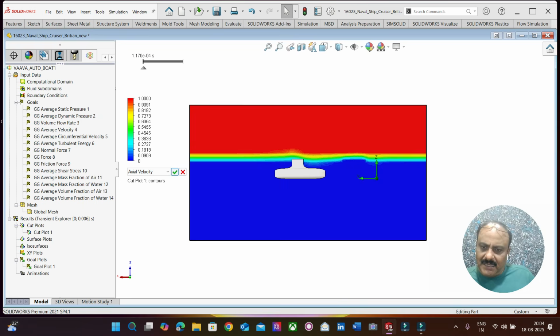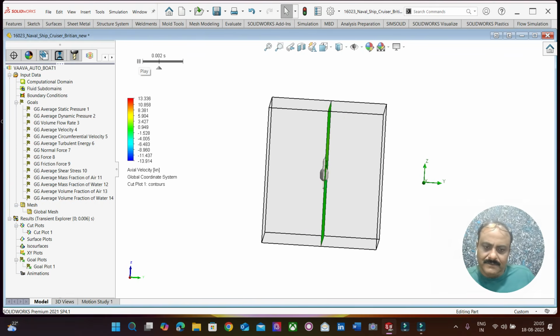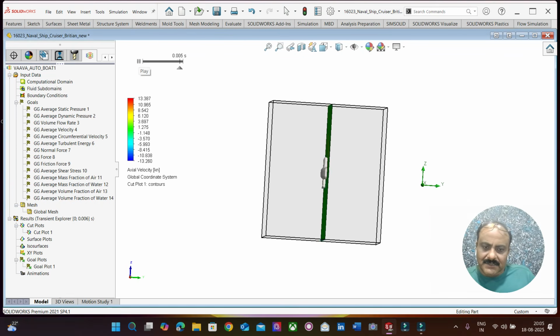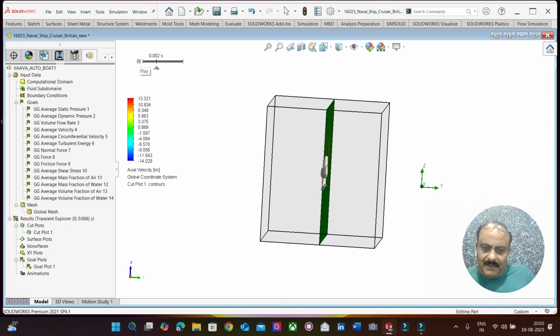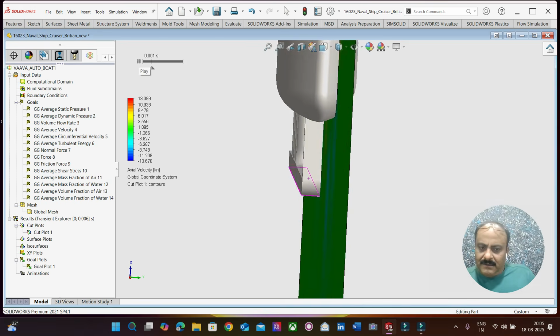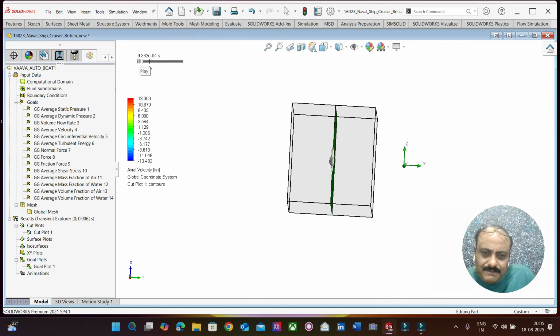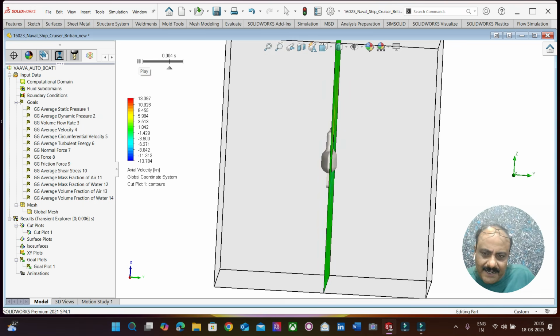Now let's see what the axial velocity is. This is how the axial velocity is going to be. Let's try to find out. Yeah, this plane is a bit towards the outer side.